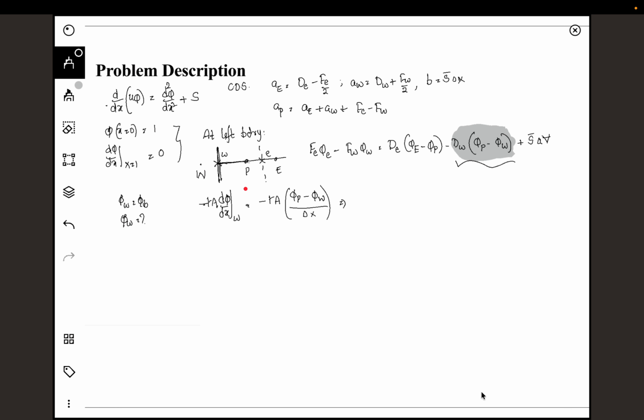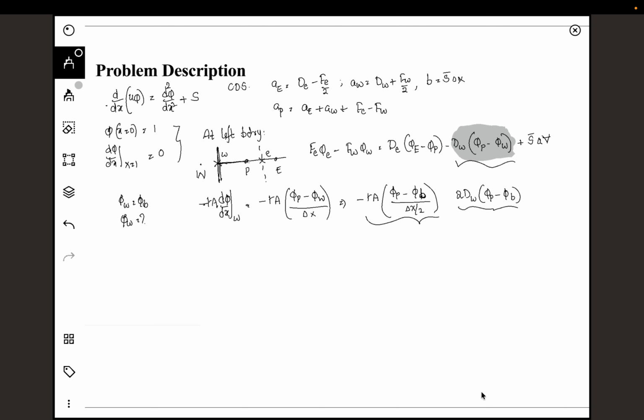So all we have to do now is consider only this half cell and write the equation for that. Now this will have phi P minus, instead of taking the cell center value, we will only take the face center value, which is the boundary value. Because I am taking only half cell, the distance will be delta x by 2. So this will essentially become 2 times Dw times phi P minus, instead of west, I'll have the boundary value. This will be the only change that gets introduced because of a Dirichlet condition.